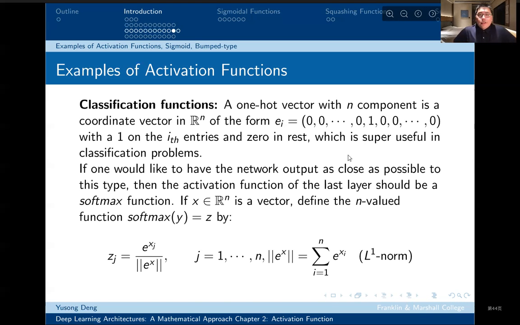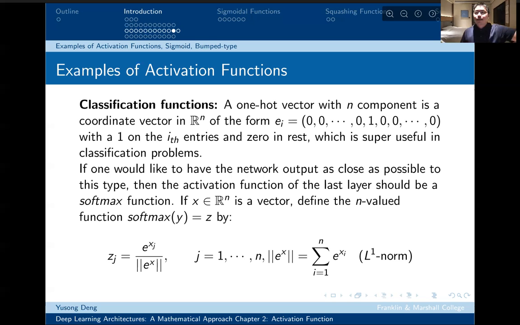All right. So if one would like to have the network output as close as possible to this type of representation method, then the activation function of the layer should be the softmax function.